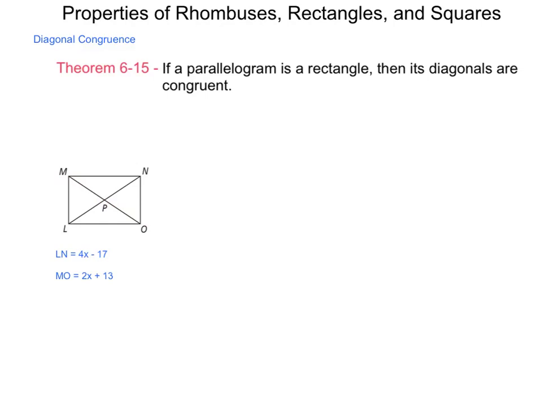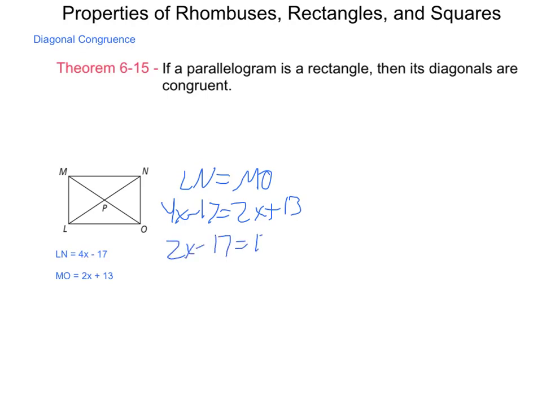So if I take my LN and set it equal to MO, I would have 4x minus 17 is equal to 2x plus 13. Subtraction property of equality tells me that 2x minus 17 equals 13. Addition property of equality tells me that 2x equals 30. Then using the division property of equality, x equals 15.